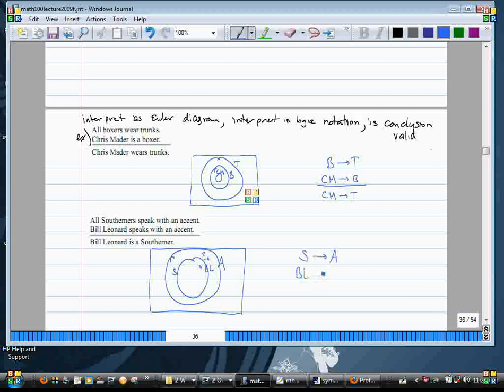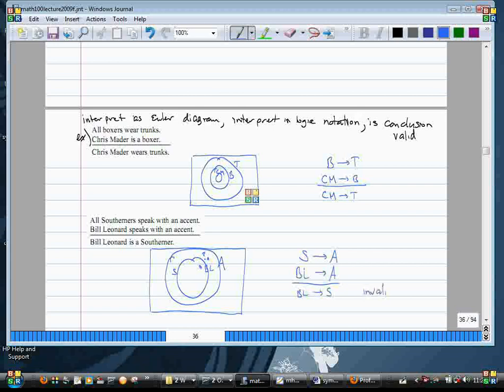How do we represent that? Right. If BL, then A. Now, how do we write down the conclusion in notation? Bill Leonard is a Southerner. How do we write that down in notation? If BL, then S.